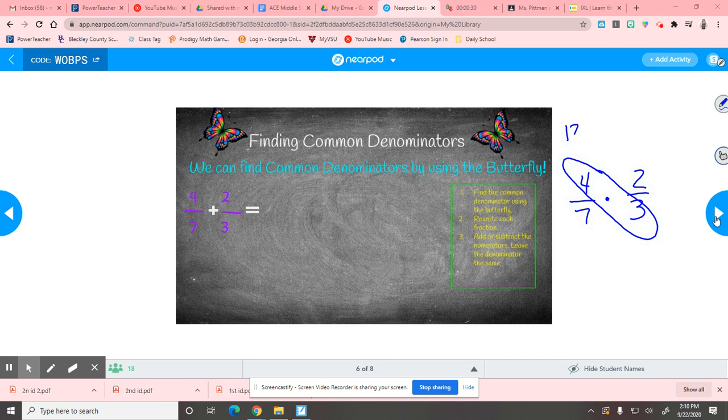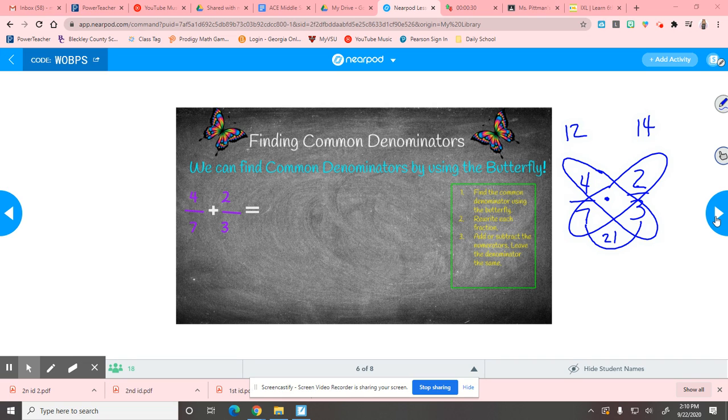So you could just write 12 up here if you don't want to draw the little antenna. Then in the other wing, you're saying 7 times 2 is 14. To find the common denominator, you're multiplying 7 times 3, which is 21.